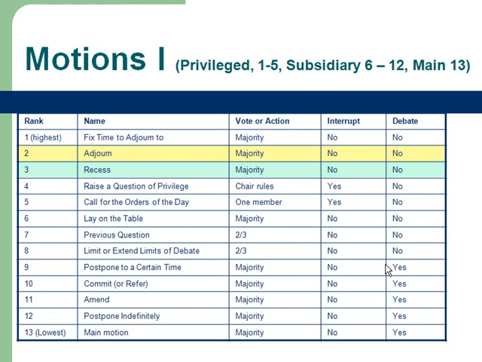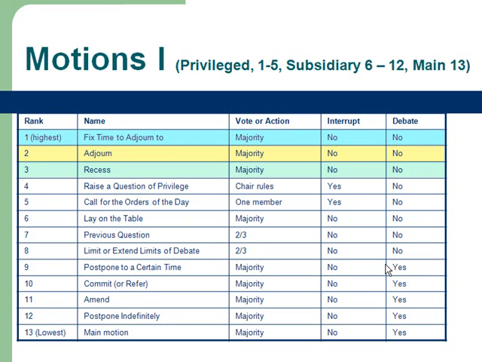Majority vote, non-interruptible, non-debatable. But in adjourn, you don't know when you're going to come back together again to finish the business. So, unless there's a standing appointment, maybe next month, then maybe that's okay. But if you're in a convention and someone moves to adjourn and you were expecting to go into the next day to work on items, someone could rise and make the motion to fix the time to adjourn to tomorrow, for example.